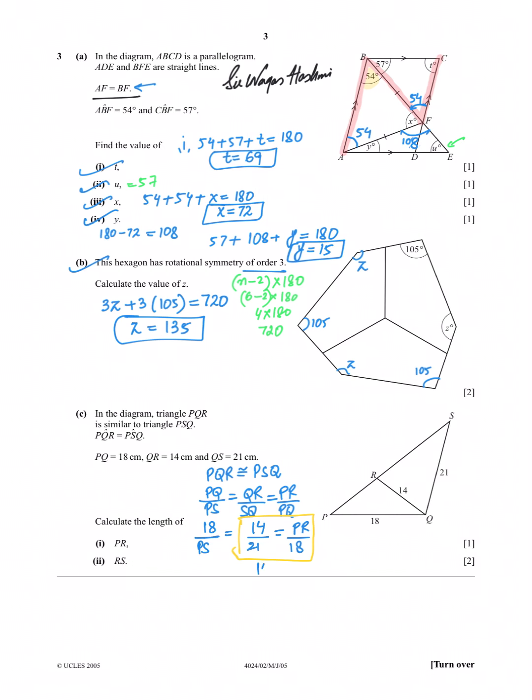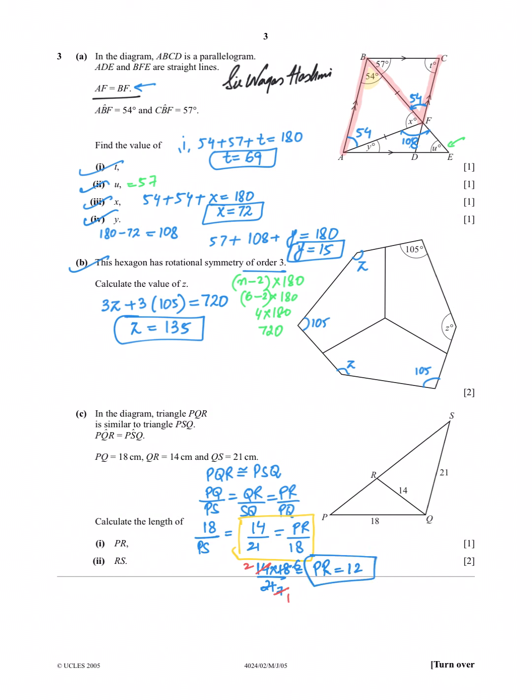So that will be 14 times 18 divided by 21 equals PR. 3 sevens are 21, 3 sixes are 18, and after that 7 ones are 7, 7 twos are 14, and 2 sixes are 12. So the value of PR is 12, and that is your answer.